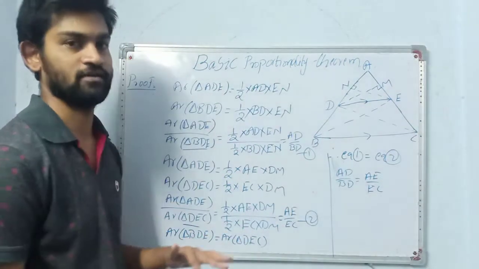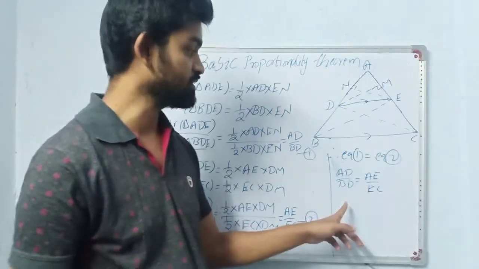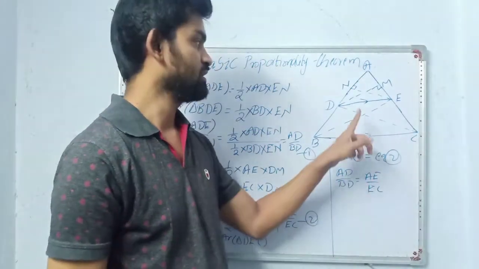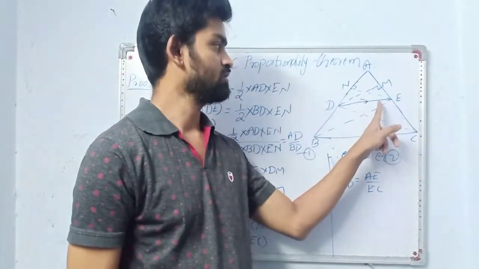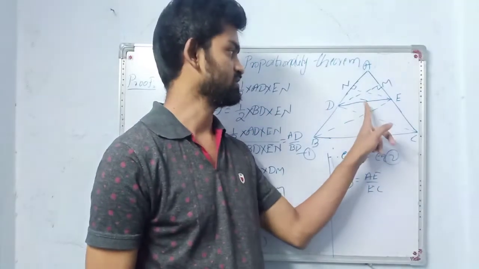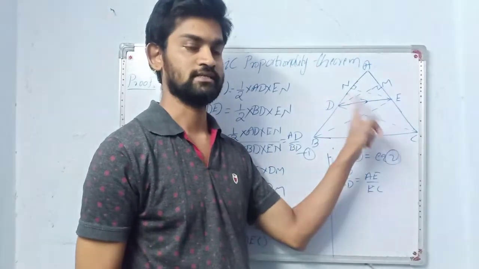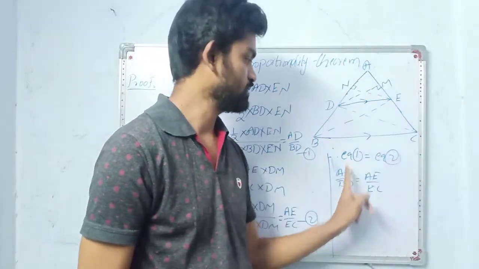It's the simplest way. Okay. So now what is the statement again? The statement has been proved now. AD by BD equals AE by EC. In any triangle, if you draw a line parallel to one side which meets the other two sides at distinct points, then that line will divide the other two sides proportionally.